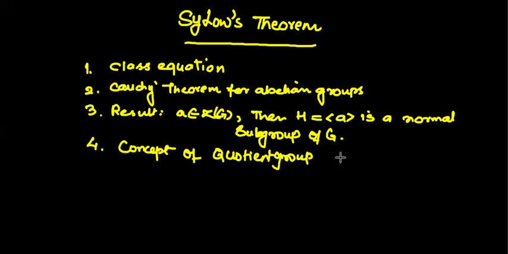The order of G mod H is equal to order of G by order of H.